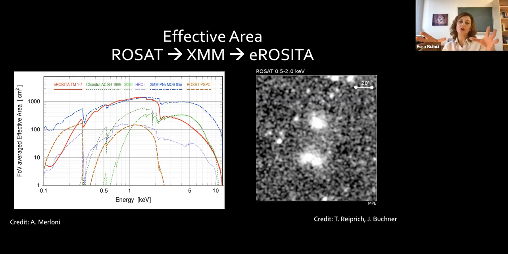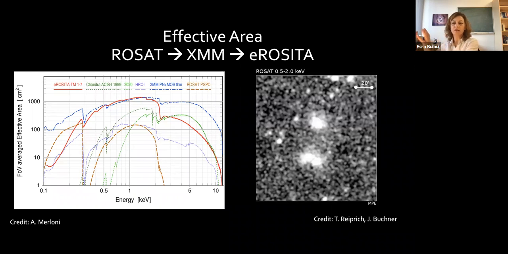I'll show you first the same patch of the sky, which was scanned by ROSAT in the 1990s. And then we will move on to XMM-Newton, which basically can take pointed observations. So it can observe one small patch of the sky deeply at once. It doesn't scan as we do.